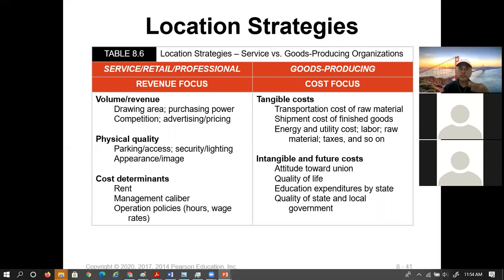The service and the good are different. In the service, we focus on revenue, in the order, the purchase order. Increasing the purchase orders increases the revenue.